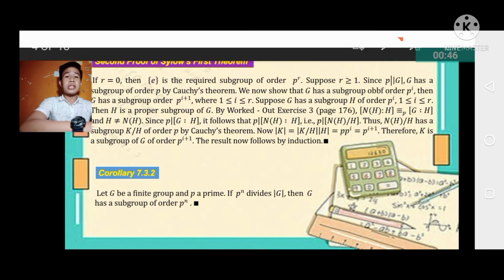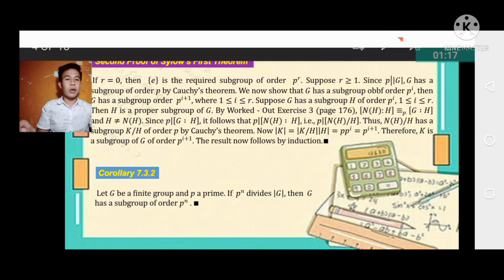So, for example, if the finite group G contains elements of order p to the raised of n times m, from Sylow's first theorem, and p is a prime number. For example, we have a finite group G whose cardinality is equal to 6.